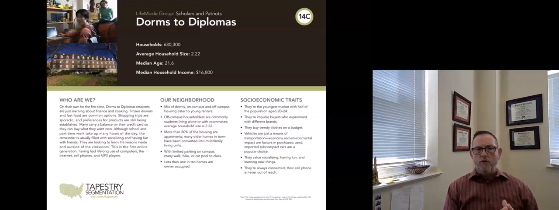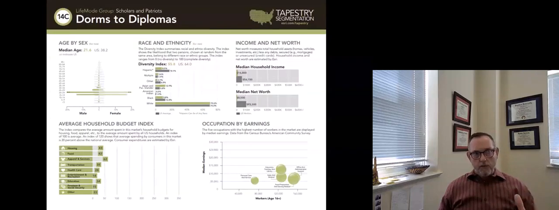But you can see here's a whole narrative, and this is called a customer profile. This describes the customer, and I could take this idea and create a marketing plan all around this type of consumer. So again, please feel free to pause this if you want to read this in depth. There's a ton more data available for the dorms to diploma people.